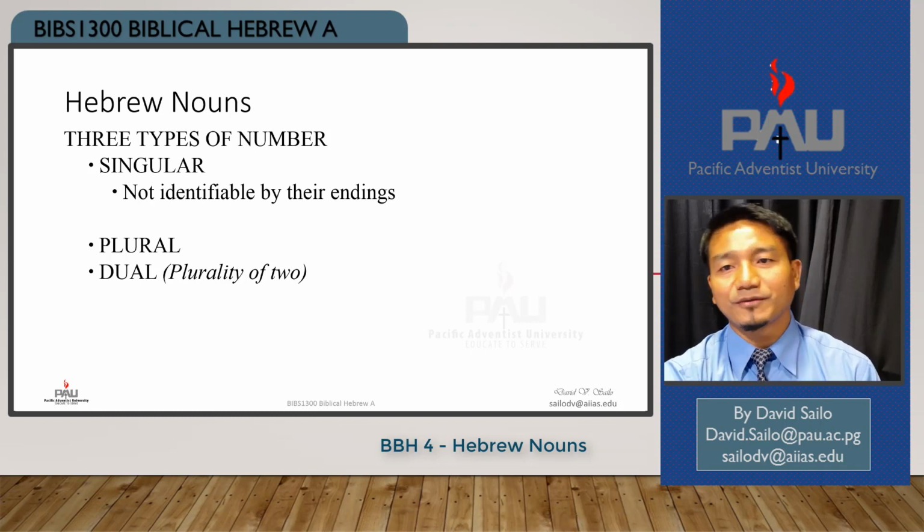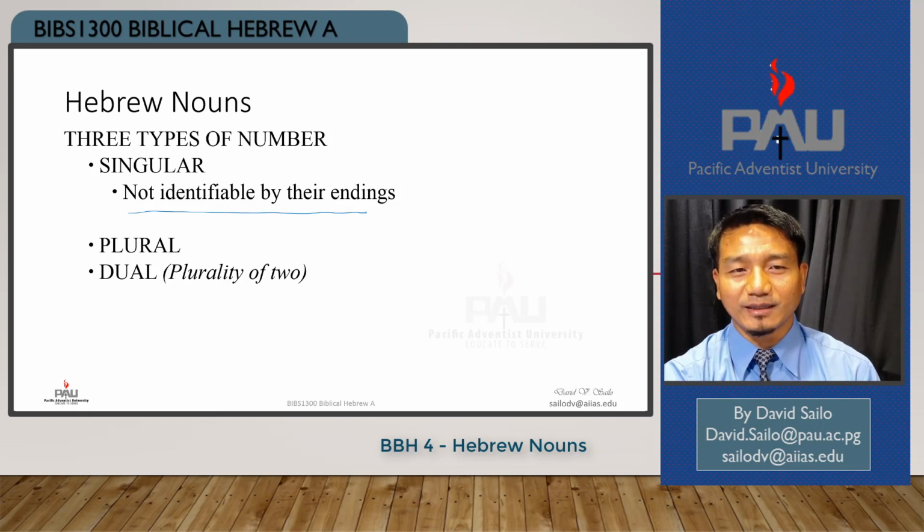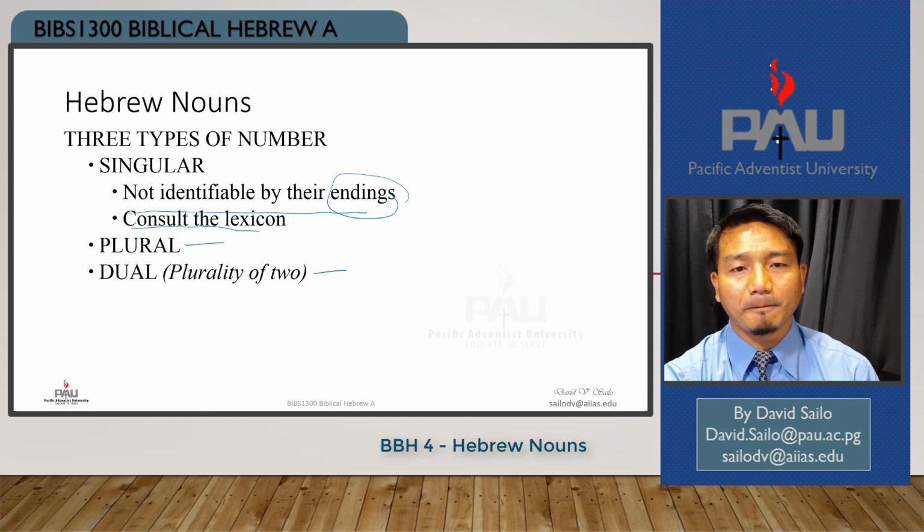There are three types of number that we talk about. Singular number is not identifiable by its ending, okay? For the singular, you just have to consult the lexicon. For the plural and the dual, there are endings.